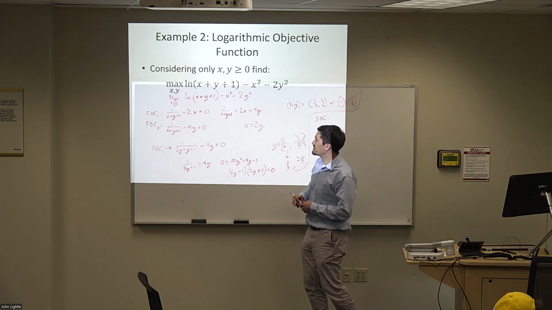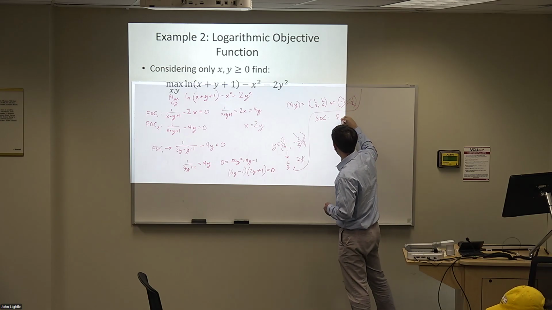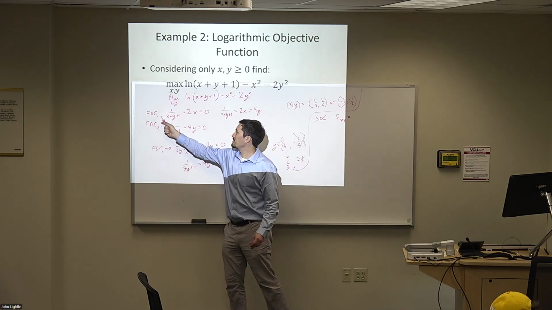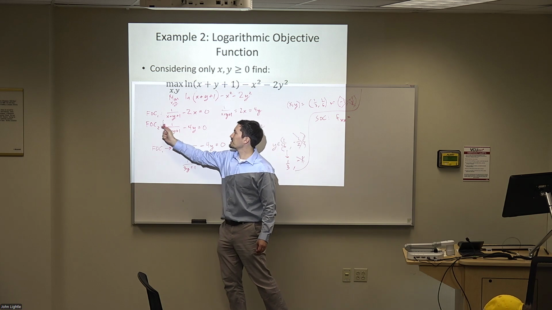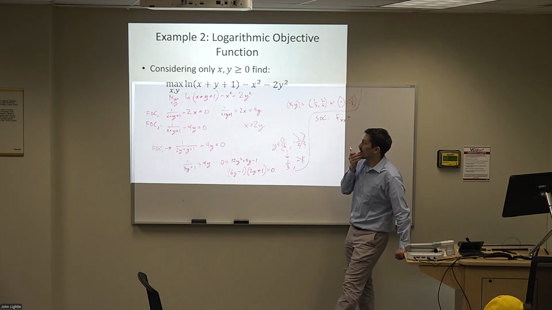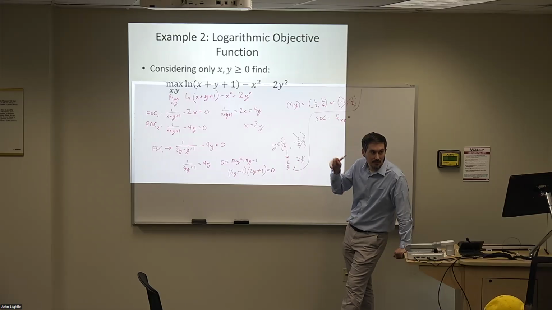What I really want is to get a formula for f_x, which is the derivative of this with respect to x. What do you think it is? Quotient rule? Not quite, because there's nothing on the top. Yeah, just use the power rule.